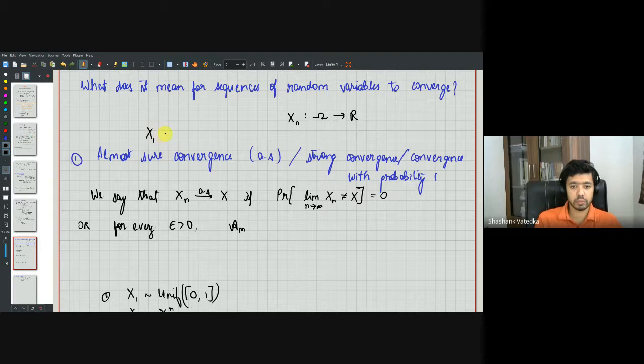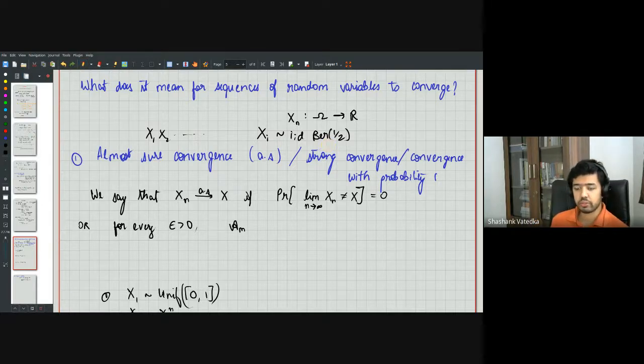Let us take X1, X2, all the way, an infinite sequence of random variables, and each Xi is IID Bernoulli half. So each Xi takes values either 0 or 1. The probability that Xi equals 1 is half, and the probability that Xi equals 0 is also half.